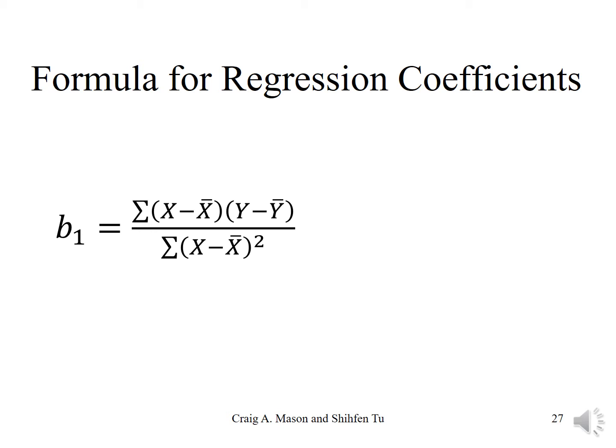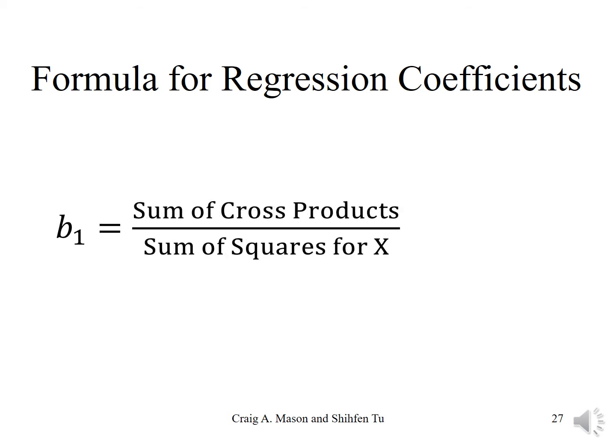Now, take a look at the numerator. We know what that is. We have another term for it. It's just the sum of the cross products. So b1 is equal to the sum of the cross products divided by the sum of squares for x. In essence, it's just how much x and y vary together divided by how much x varies on its own.